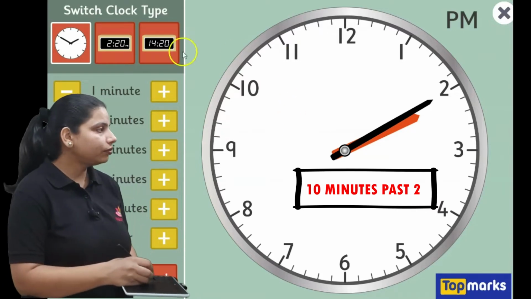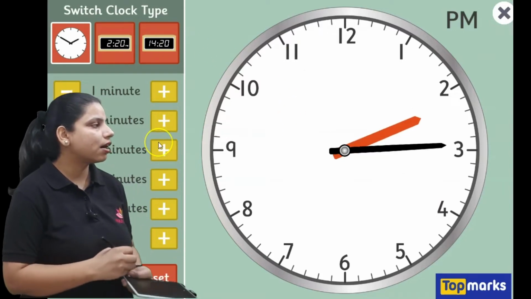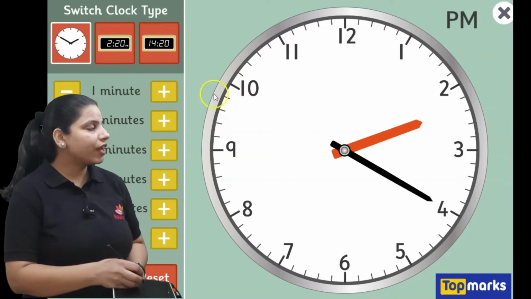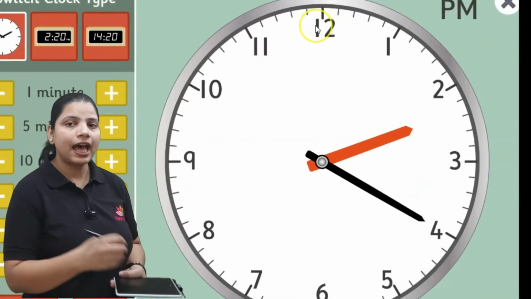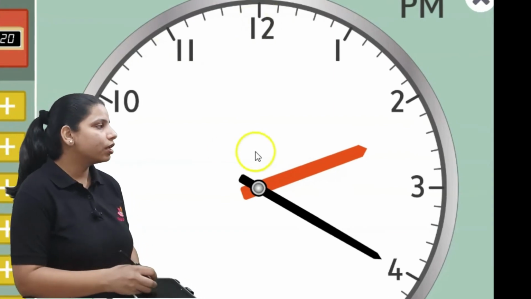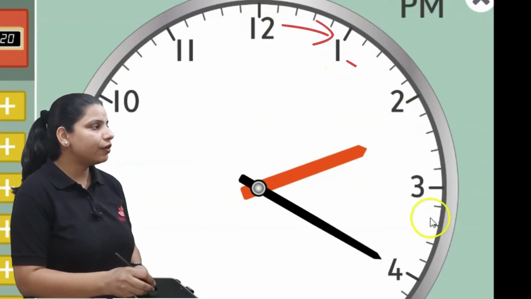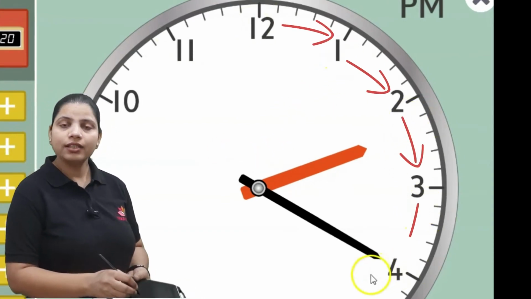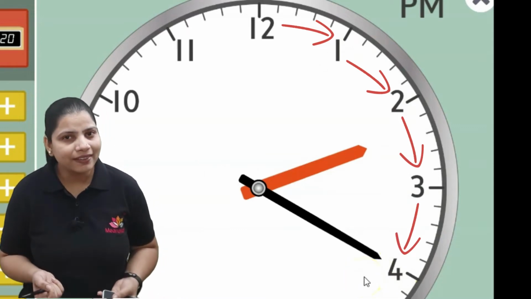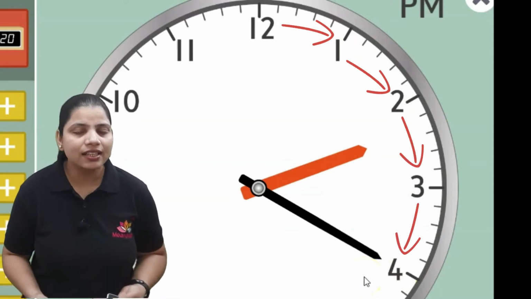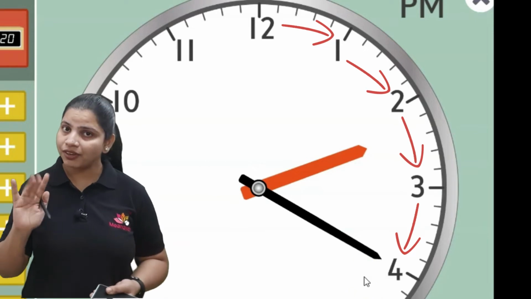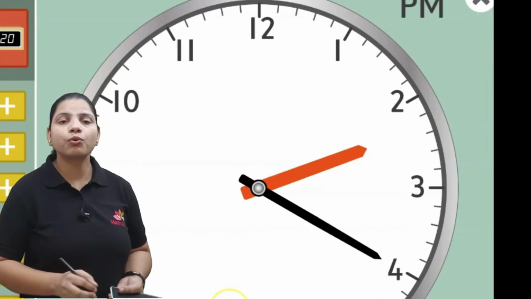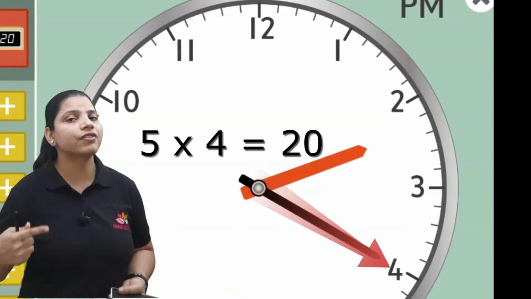Again. Now we have to start from 12 and check the jumps. 5, 10, 15, 20. Or the simple trick is you just need to know the table of 5. If your minute hand is pointing towards 4, 5 times 4.